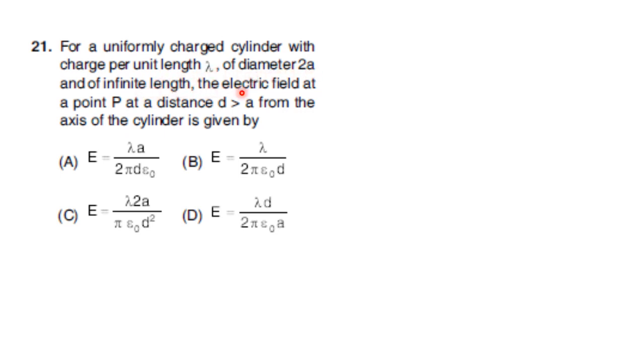For a uniformly charged cylinder with charge per unit length lambda of diameter 2a and of infinite length, the electric field at a point P at a distance d greater than a from the axis of the cylinder is given by. Here, consider a cylinder having charge per unit length lambda and diameter 2a.